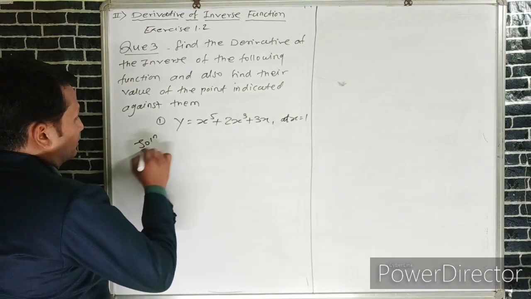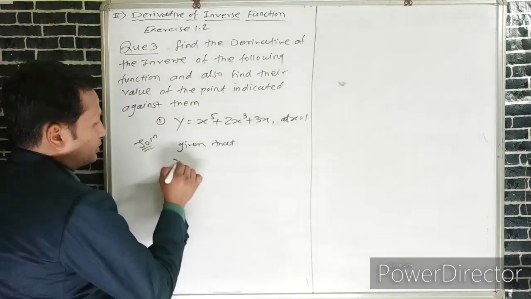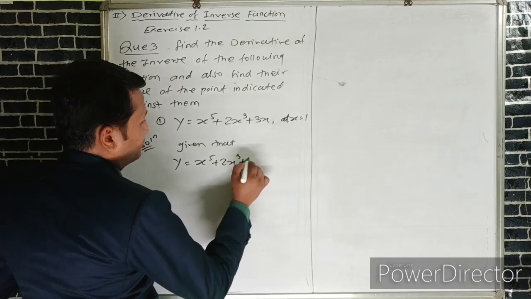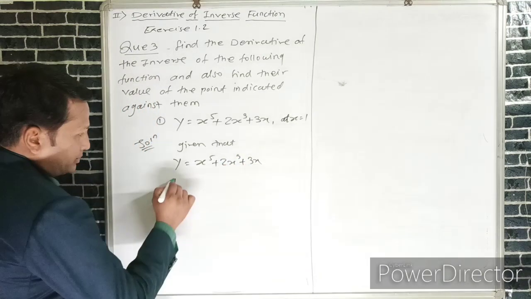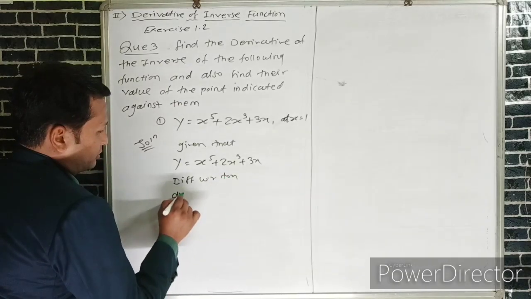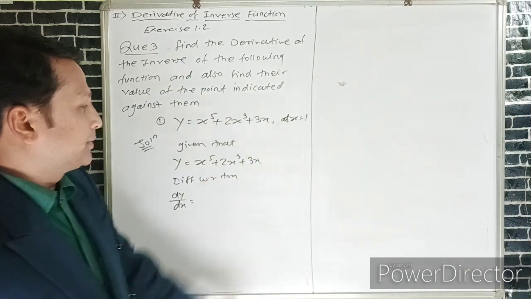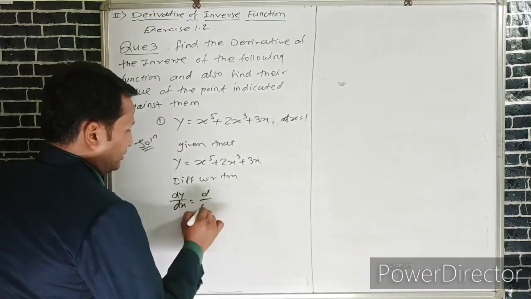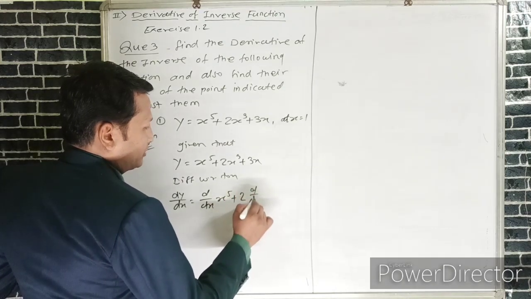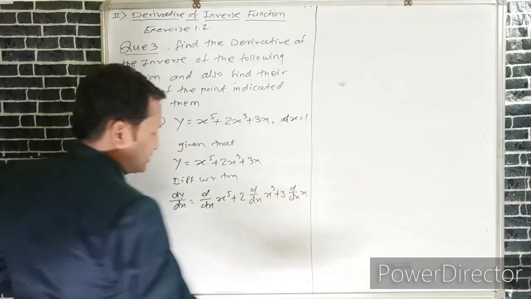First, given that y is equals to x raised to the power 5 plus 2x cube plus 3x. Differentiate the given function with respect to x. The derivative of y is dy by dx. We can take a separate derivative of every term, which is derivative of x raised to the power 5, 2 is constant into derivative of x cube, plus 3 is constant into derivative of x.